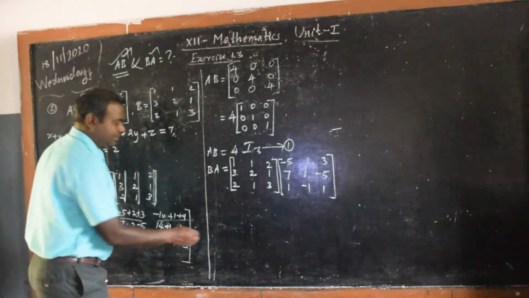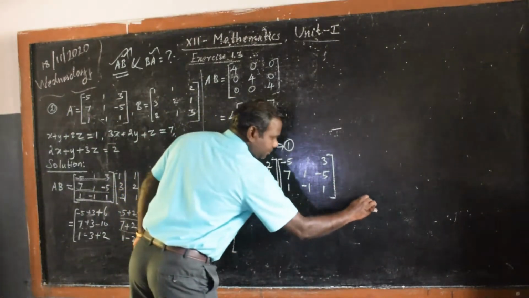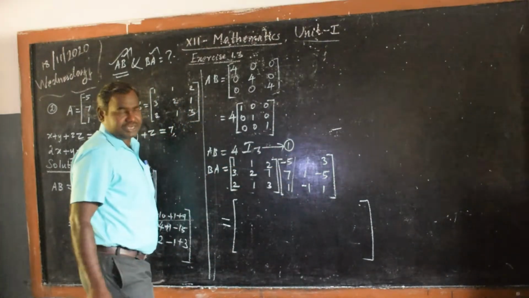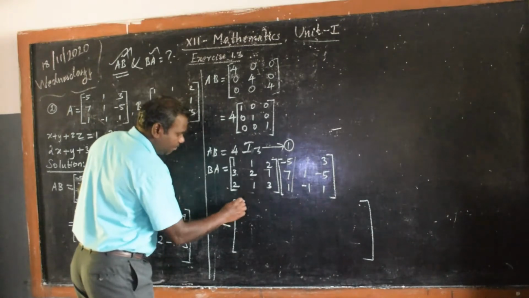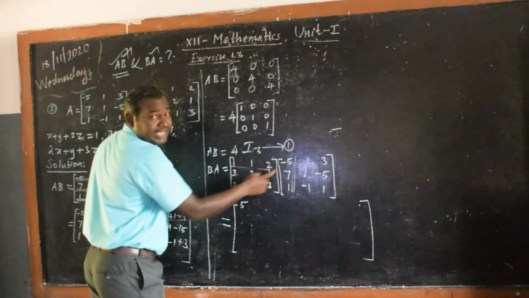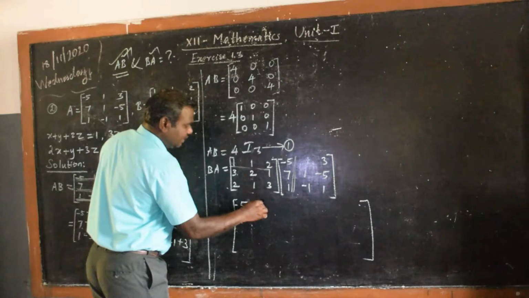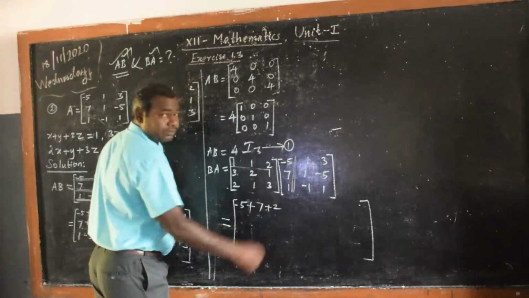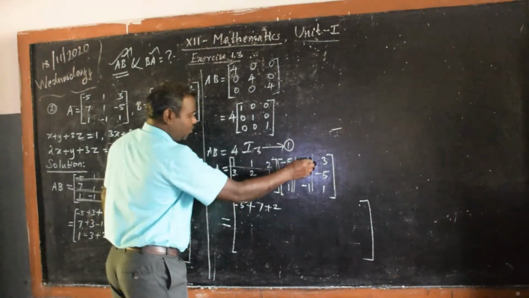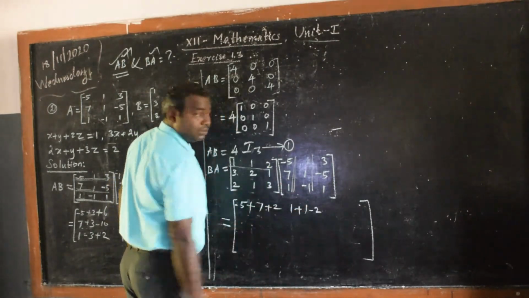First row, first column: 1 into minus 5 is minus 5, 1 into 7 is 7, 2 into 1 is 2. Next, first row, second column: plus 1 plus 1 minus 2.